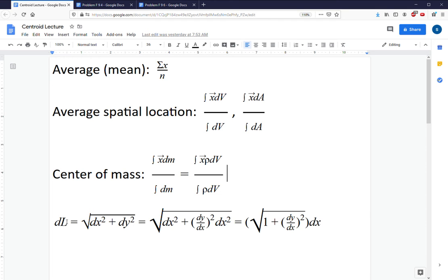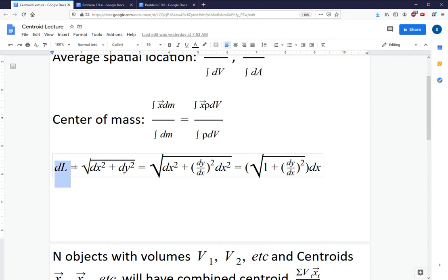And if we know that that wire has some function y of x, then we can say that for a given change in dx, for a given change in the x coordinate, there is a total length to that chunk of wire. We can use the Pythagorean theorem right here. dl is equal to the square root of dx squared plus dy squared.